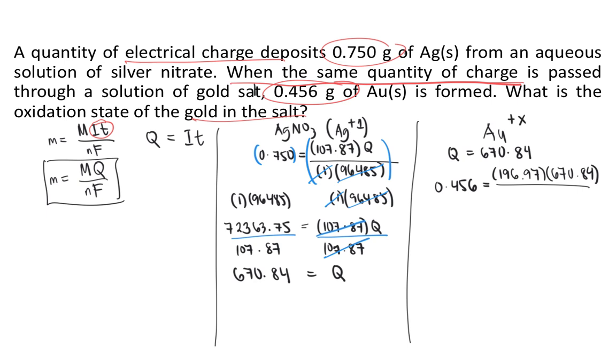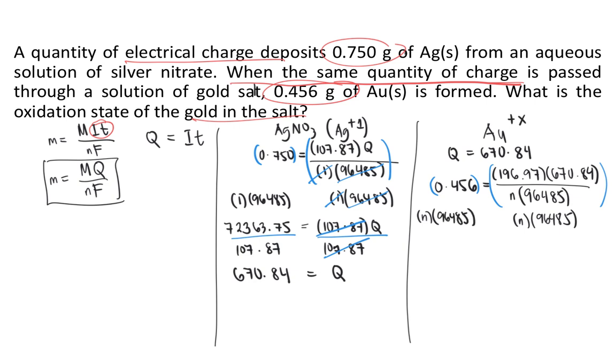Divided by n, the oxidation state. However, we don't know the oxidation state of gold because that's the missing one in the problem. So just write n times Faraday's constant, 96485. You need to memorize this again. How do you solve for n? You multiply both sides of the equation by n times 96485.